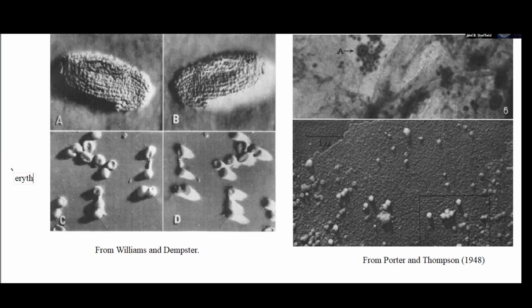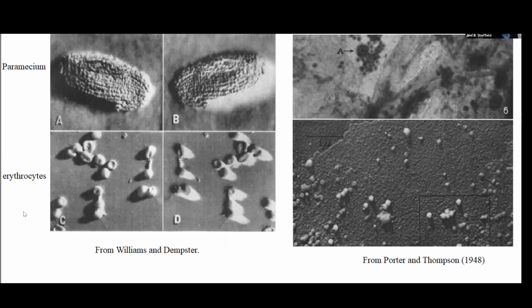This is erythrocytes here. And this one, believe it or not, is paramecium. Okay. And what has been done here has been ridiculously little. And that may be part of the problem with why they show up the way they do.